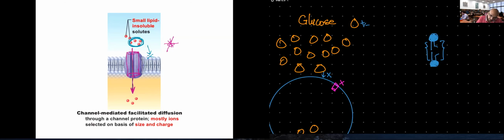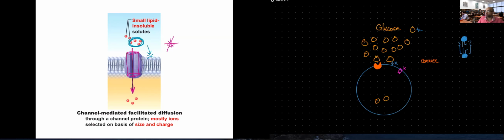You need to have a larger protein that will be carrying the glucose to the inside of the cell. So I need a carrier. If you do have carriers for the glucose, would I need to consume energy to allow this glucose in?